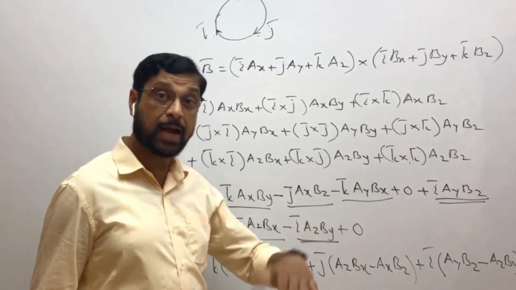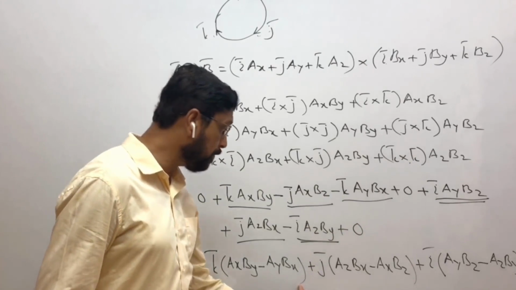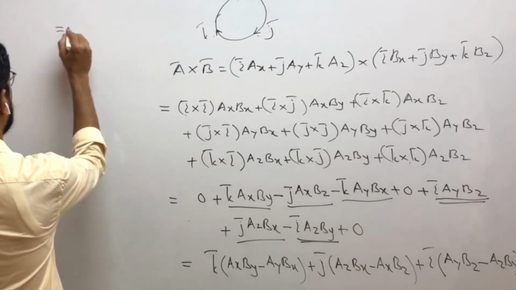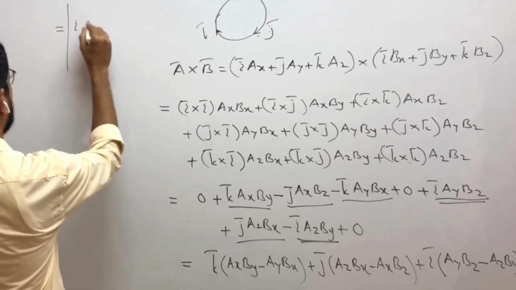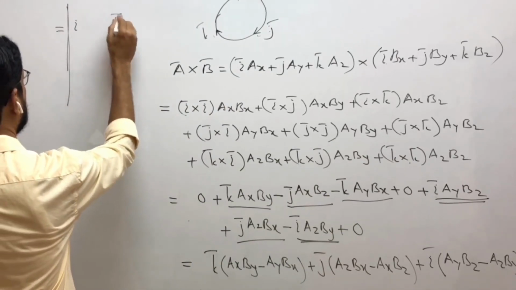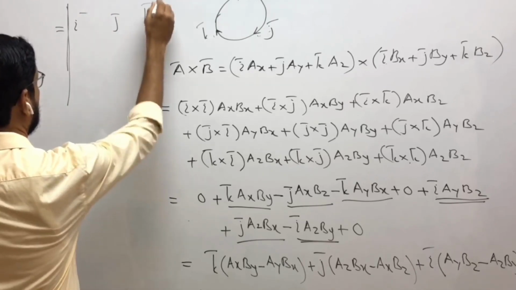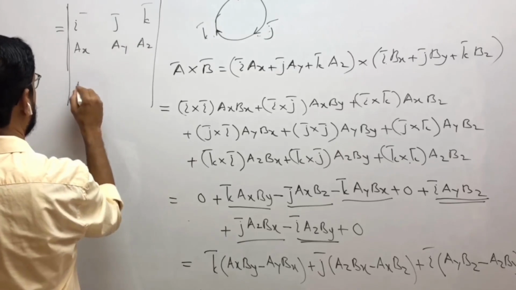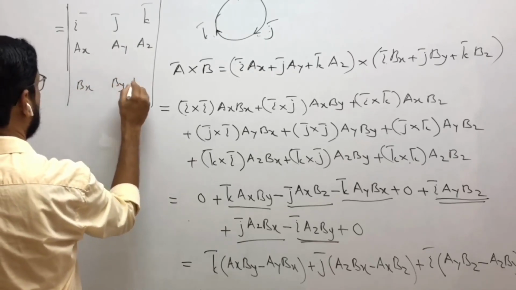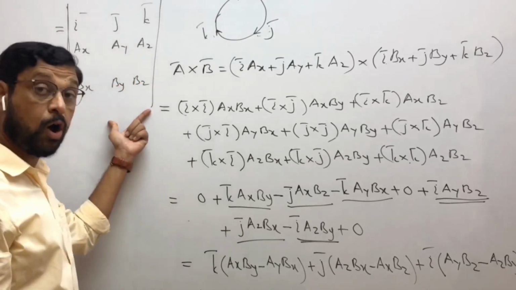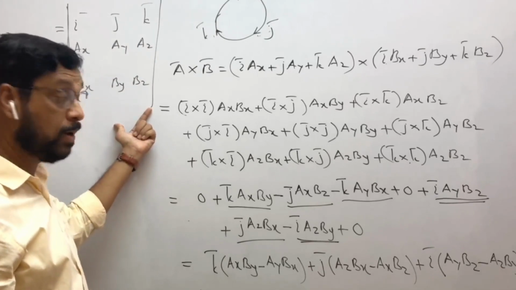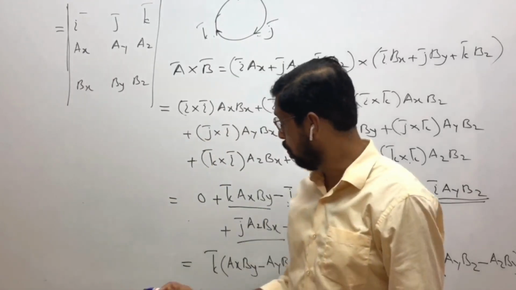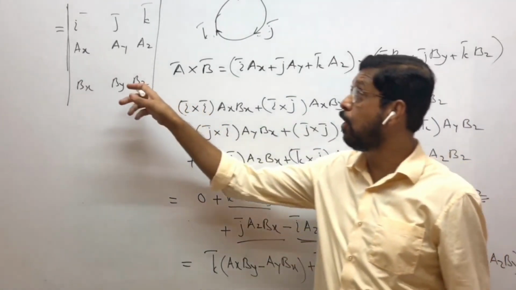But at present you have not learned determinants in maths. Just remember that this can be written in the form of determinants like this: I, J, K; AX, AY, AZ; BX, BY, BZ. These are called determinants. So this whole thing we wrote in the form of determinants.